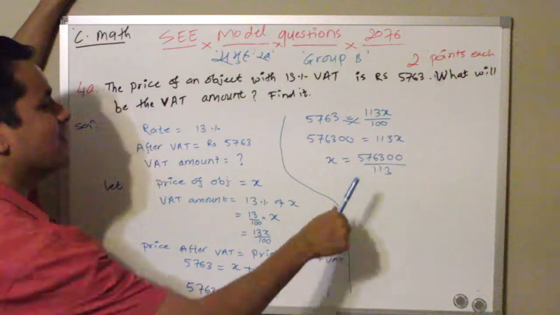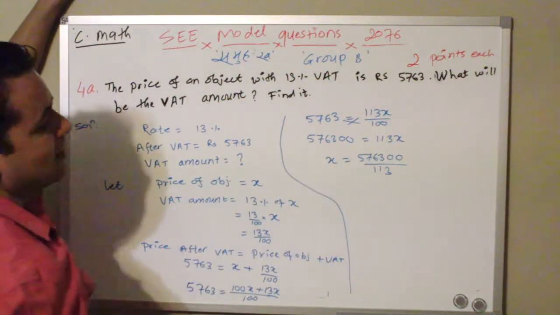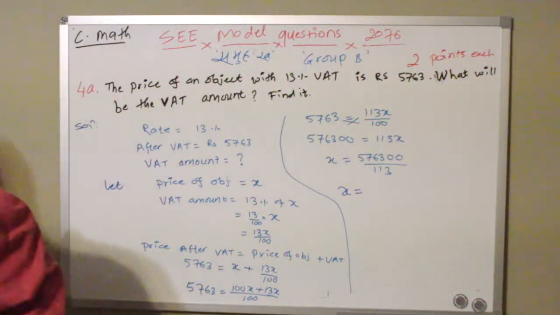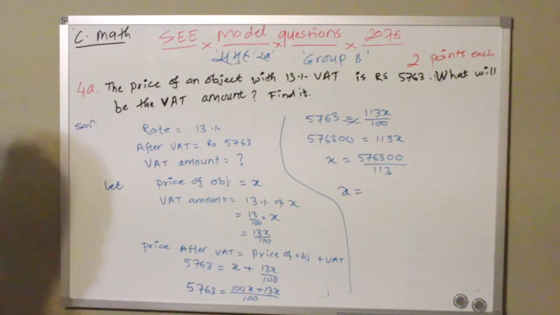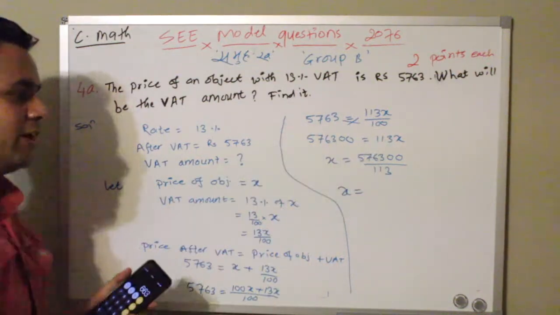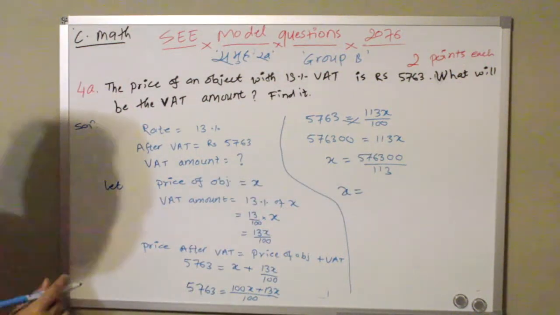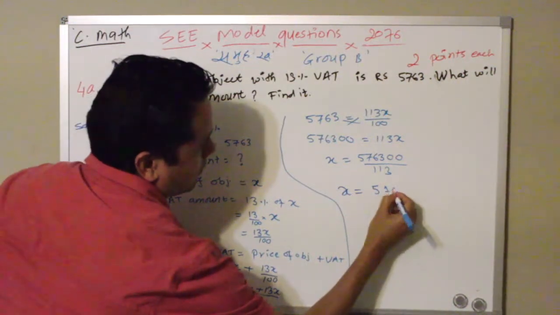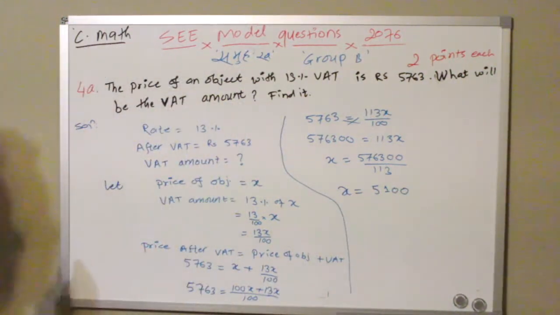But what we say is, this goes down. So the system is a little bit different, but the essential meaning is the same. Actually, it has to be divided both sides by 113. So if I divide that, I got 5,100. I didn't calculate it by hand.